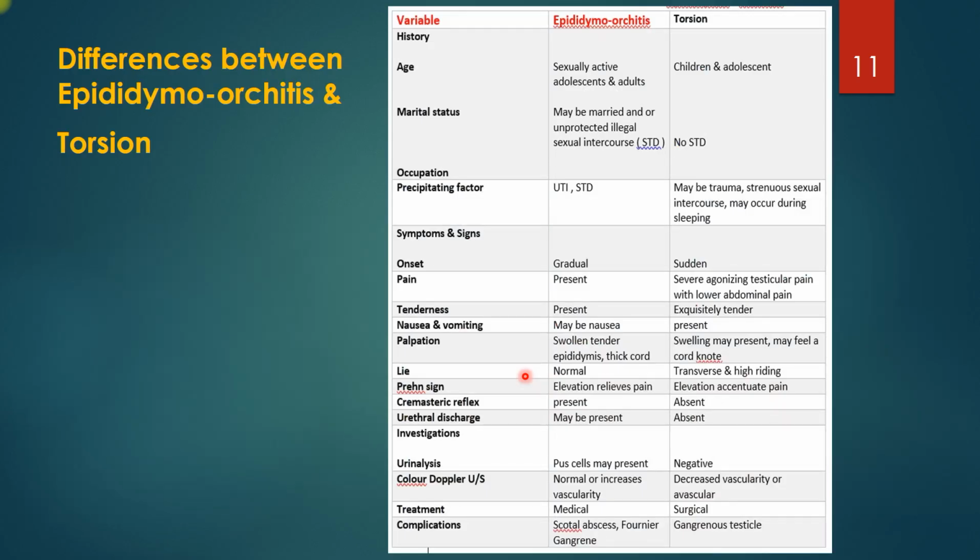This is an important table done by me. It's the differences between epididymo-orchitis and torsion, and it is clear. You have to take a history, physical examination, investigations, treatment, and complications. We have great differences, huge differences between both conditions.